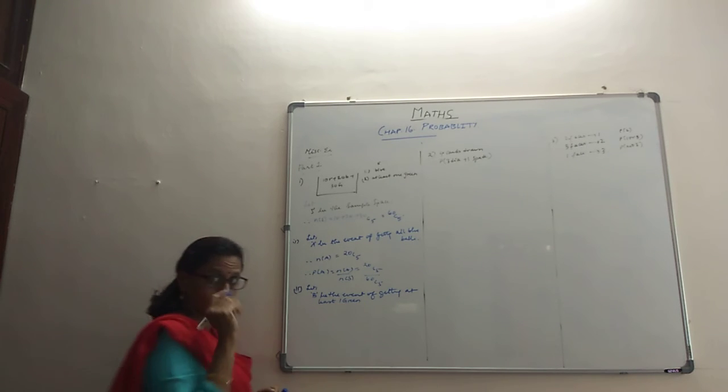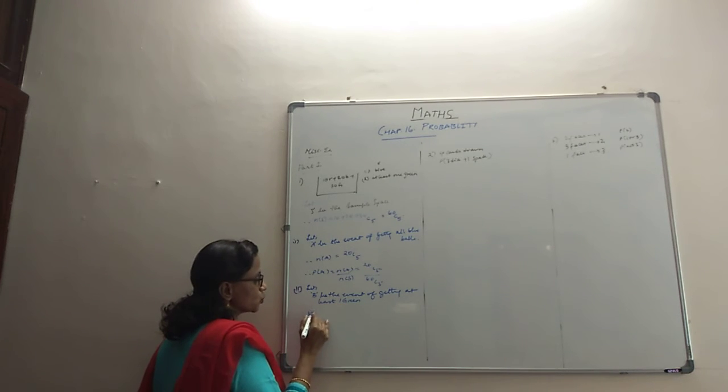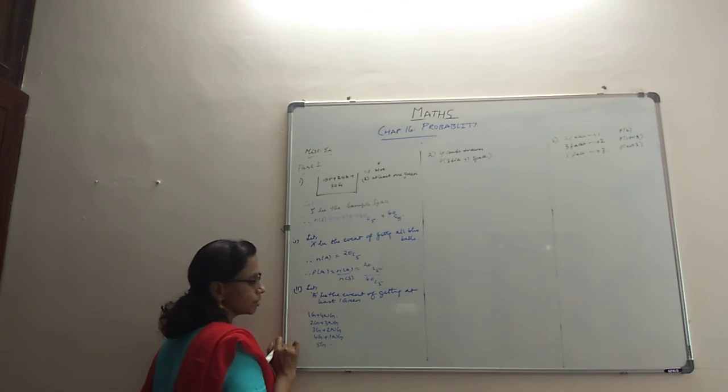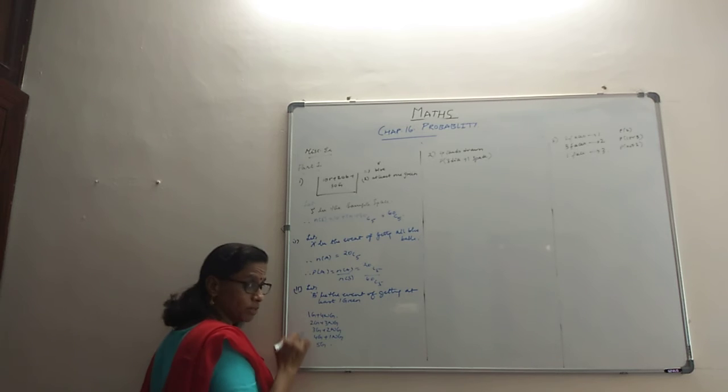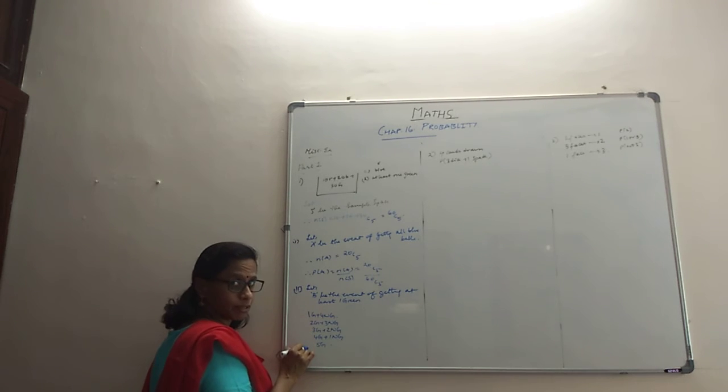Now at least one green could be one green and 4 non-green, or 2 green and 3 non-green, or 3 green and 2 non-green, or 4 green and 1 non-green, or all 5 green. So many possibilities are coming, and you would have to add up the probabilities of all of these.